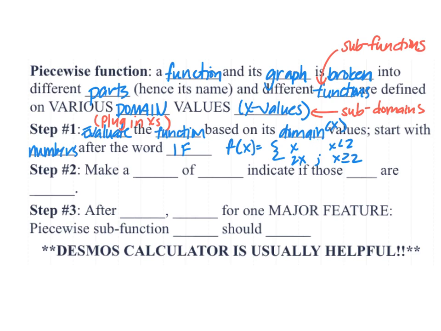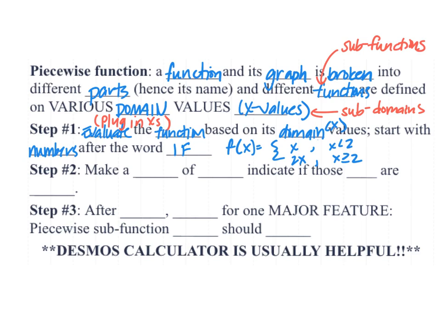Other times you might even just see it written with a comma, but it still means the same thing. So it just depends on the person writing the problem. So keep in mind that piecewise functions usually have the same look with the subfunctions and the subdomain, and sometimes those little symbols can vary.